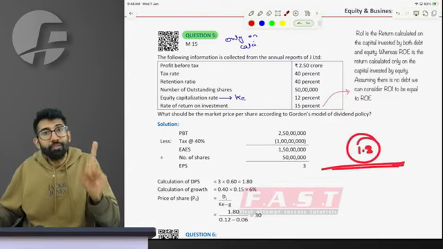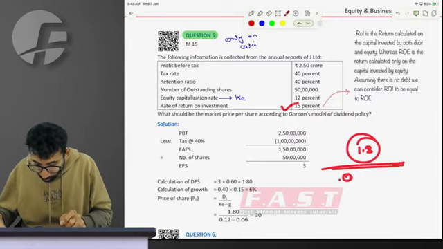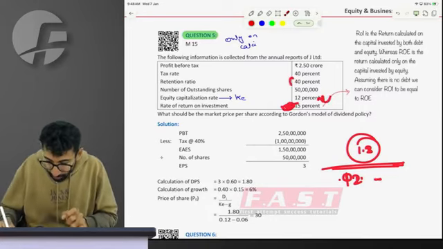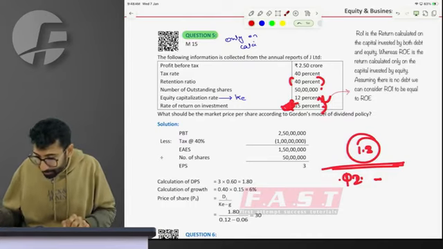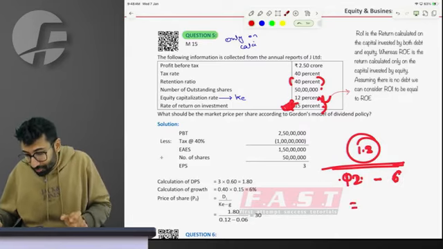So I have D1 divided by KE minus G. 0.12 is the equity capitalization rate KE. Retention rate into ROE is growth. So 40% retention rate multiplied by 15% ROE gives growth of 6%.